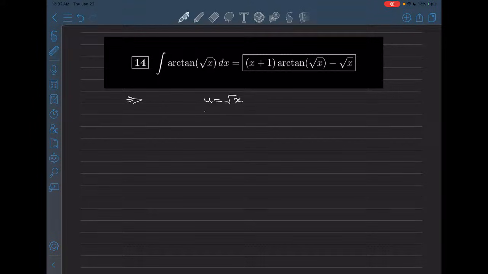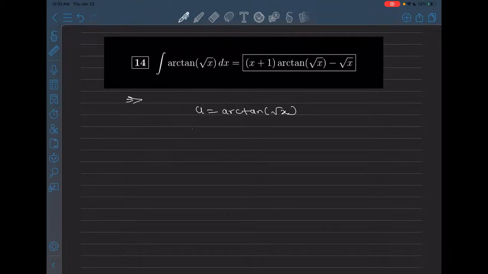Should I just substitute root x as u or the whole arctan thing? I think I should do it for the whole arctan thing. That would be much better.